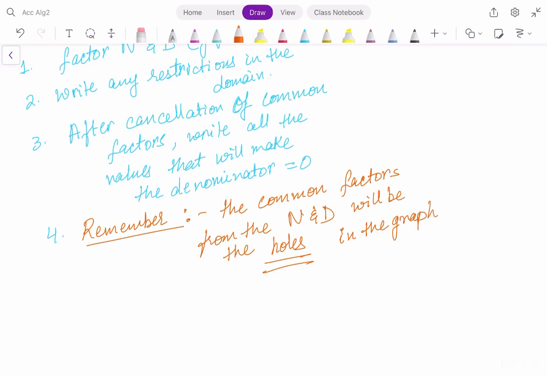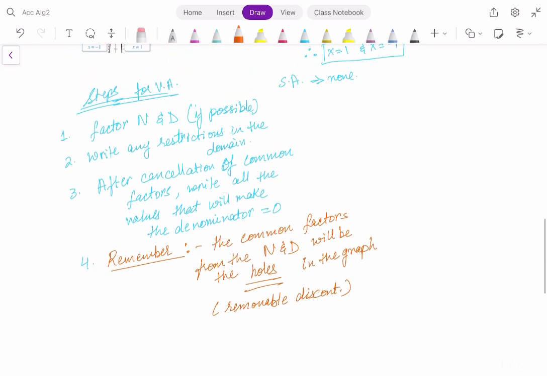So it is nothing but a removable discontinuity. Right. So this is the basic idea of how we understand the rational function and the various asymptotes.